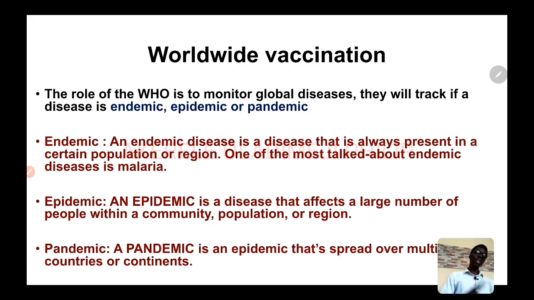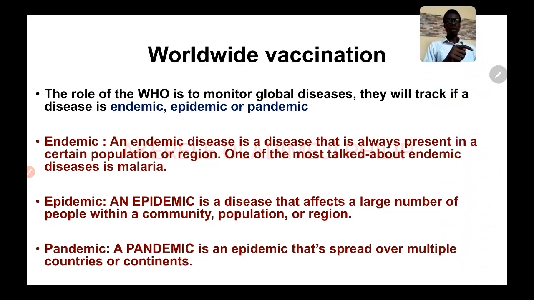Then the last one, pandemic, is an epidemic that spreads over multiple countries. What does that mean? It means it's an epidemic affecting different countries: Nigeria, New Zealand, Turkey, Australia, everywhere. As it is now, COVID is a pandemic.